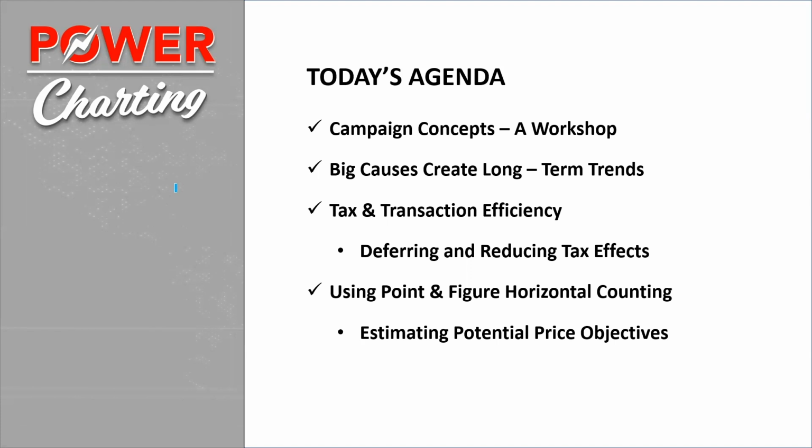The other part of this is tax efficiency. What is the tax efficiency of this long-term campaign concept? Well, we have the opportunity to defer taxes on capital gains indefinitely into the future because we are holding off selling this instrument, the stock, ETF, etc., out in the future somewhere in an unknown time period.